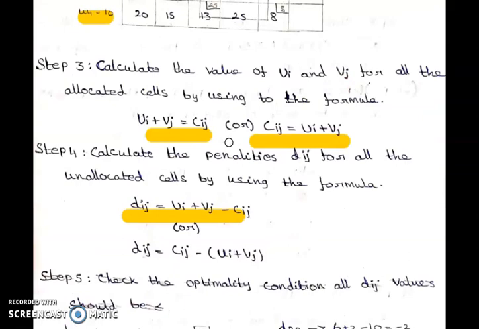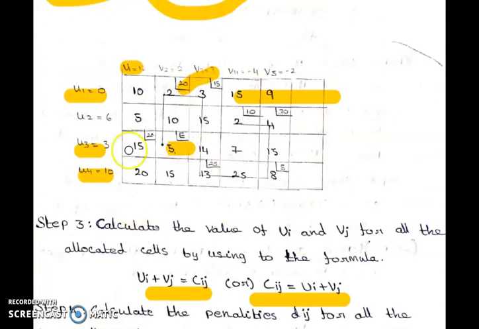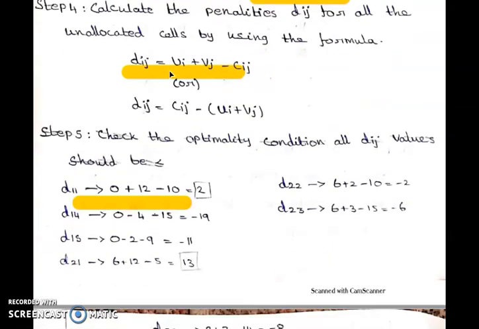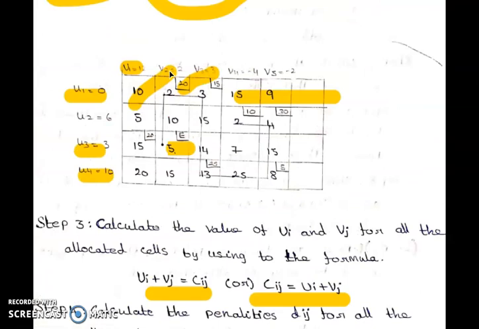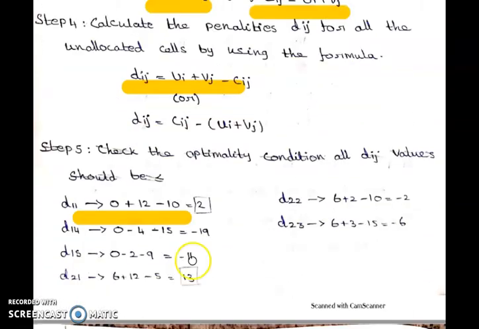This is the formula. The Cij value is 10 and Ui plus Vj is 12, so 12 minus 10 is 2. This is the value.